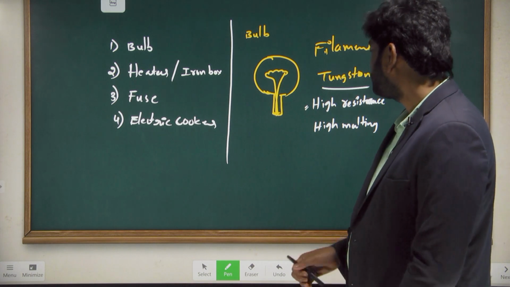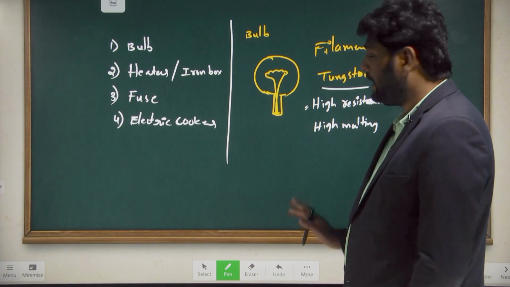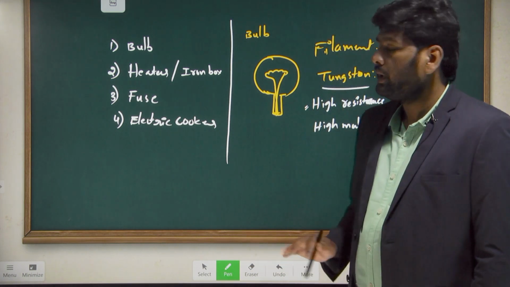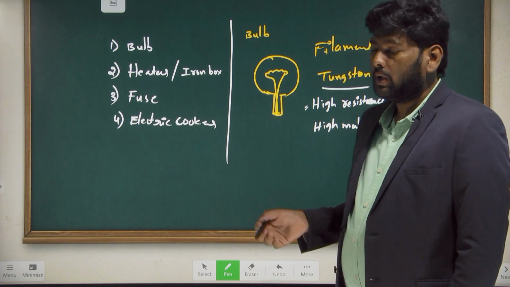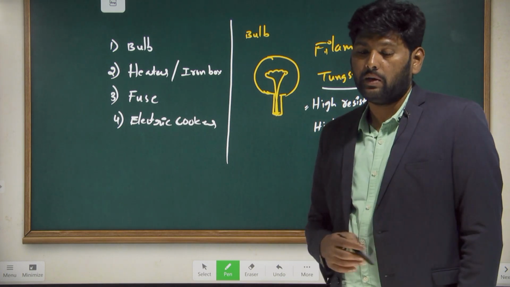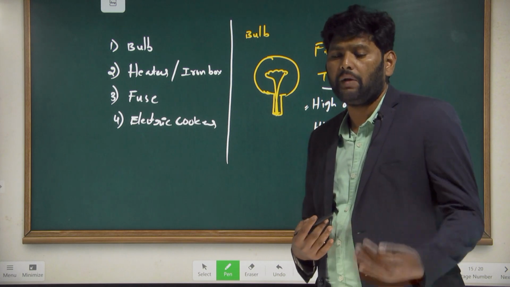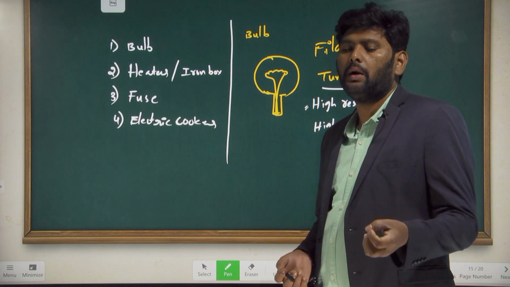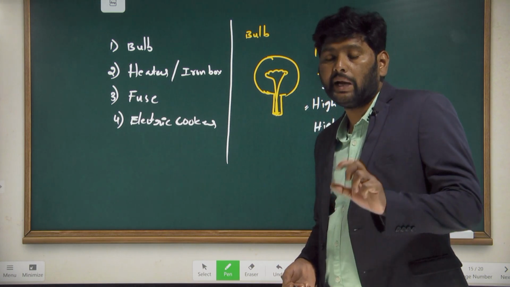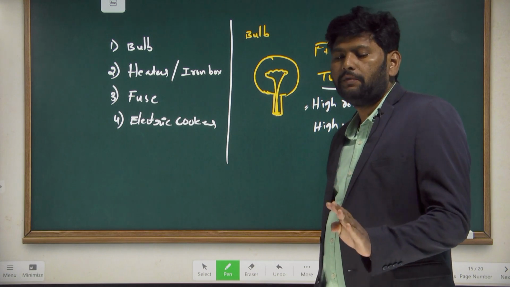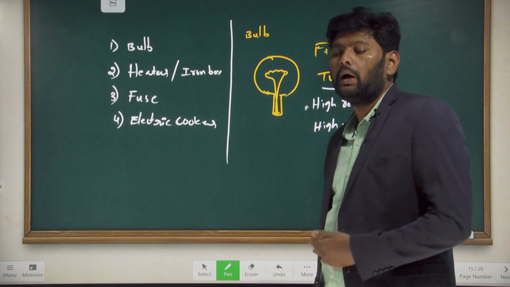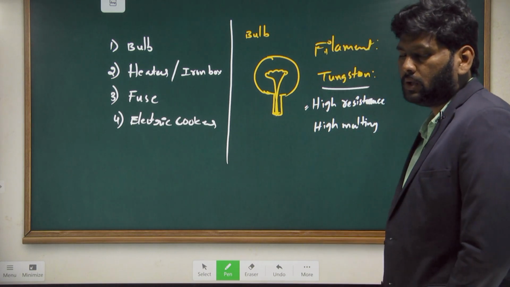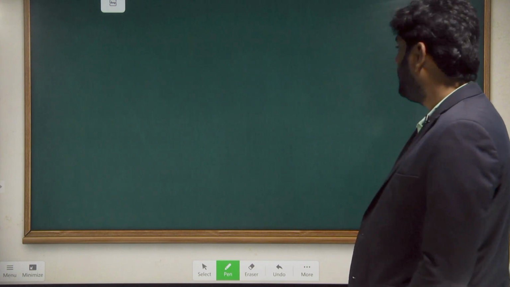What is necessary for a bulb? The filament must have high resistance and a high melting point. Why is a high melting point necessary? When it gets heated, if it does not have a high melting point, it might fuse, it might melt. That is the reason the filament must have a high melting point and also high resistance. This is all about the bulb. Now coming to the electric heater.